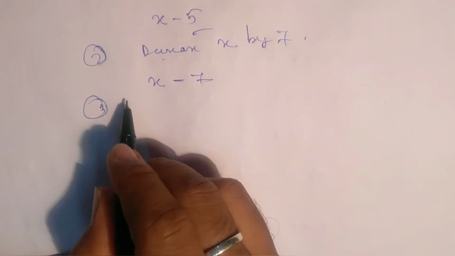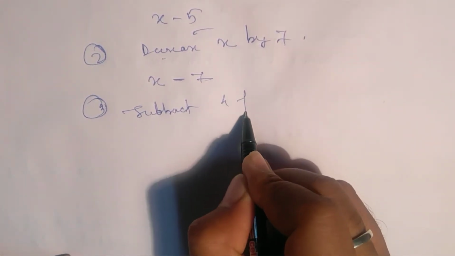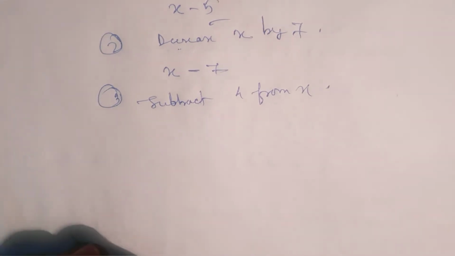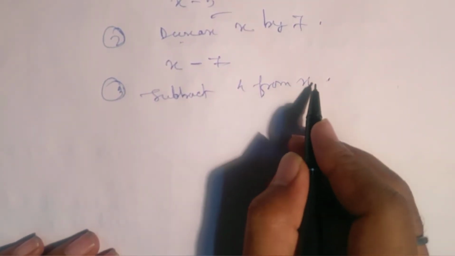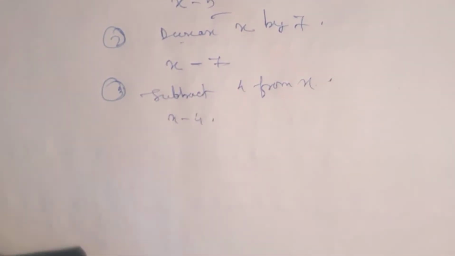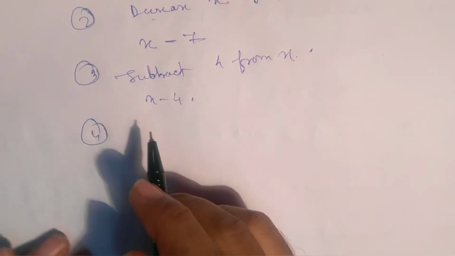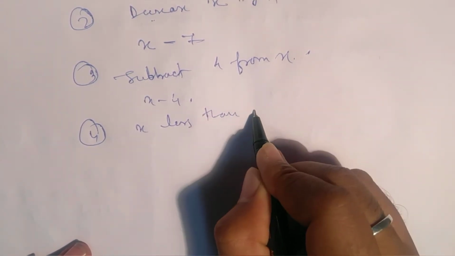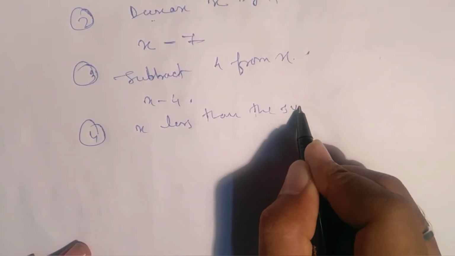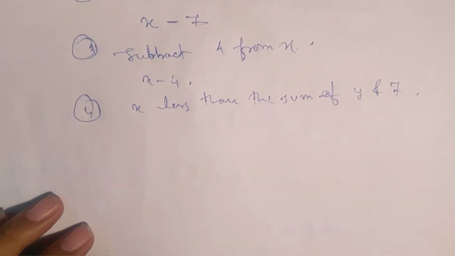Third, subtract 4 from x. How are you going to represent it? From x, 4 has gone, so x minus 4. Now the fourth one, x less than the sum of y and 7.